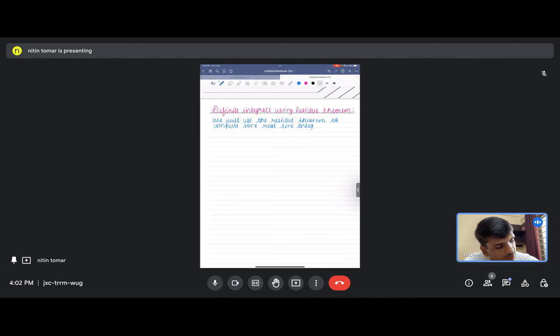Because I have to stick to the assignment due to the lack of time, I'll be solving some. So my aim is to solve these kinds of integrals.